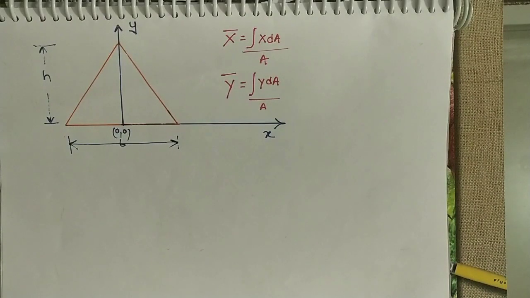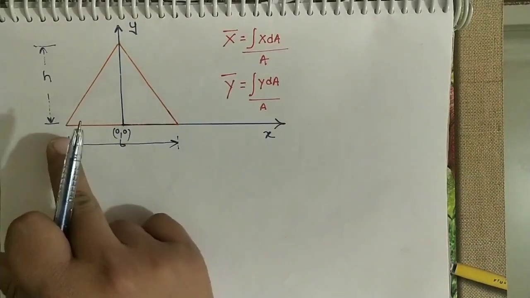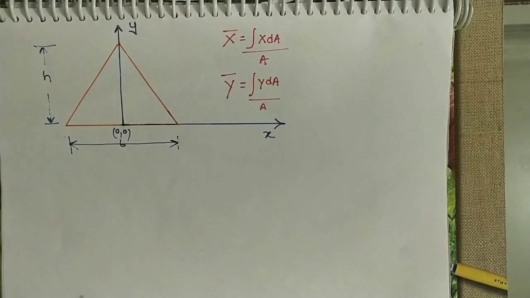Now, in order to find out the centroid of this triangular lamina or this plane, the first step is to select a reference coordinate system. So I have selected a reference coordinate system in such a way that it passes through the midpoint of the base.